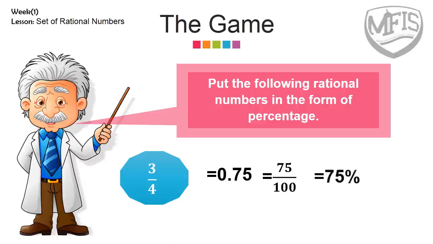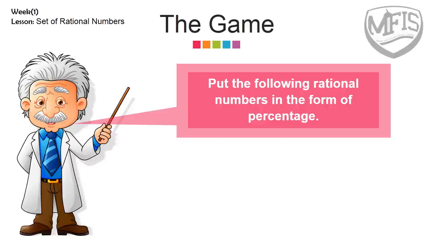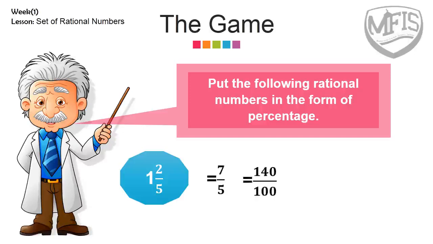So it will be 75%. 1 and 2/5 equals 7 over 5 equals 140 divided by 100. So it will be so easy to convert it into a percent, 140%.